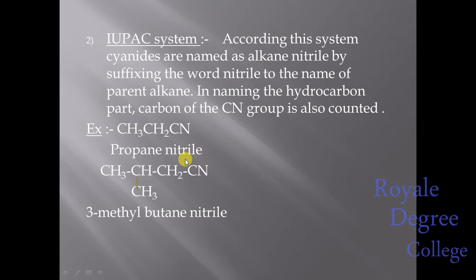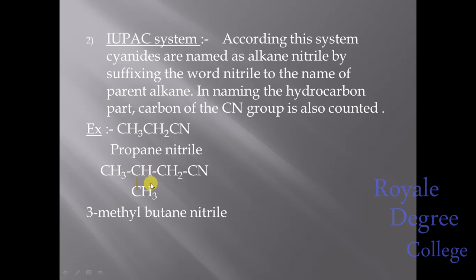Propane nitrile. Another example you can see here CH3, single bond CH, then here CH3, then single bond CH2, single bond CN. See here, in this, we are giving the number to the carbon atoms which are present in the straight line and start giving the numbers to the carbon atom from this side where the nitrogen is attached. This carbon is first carbon, then second carbon, third carbon.